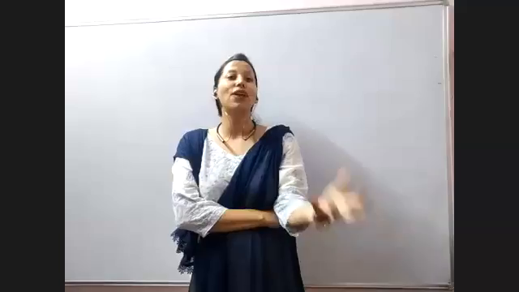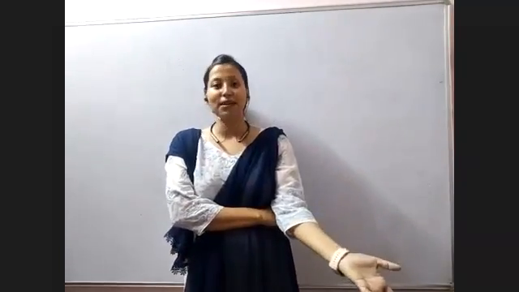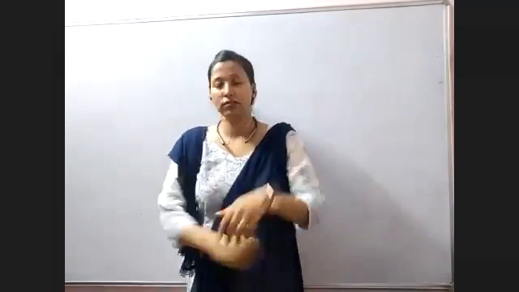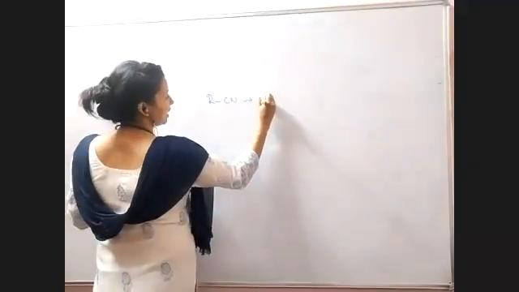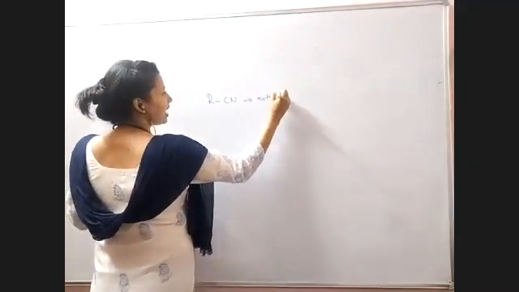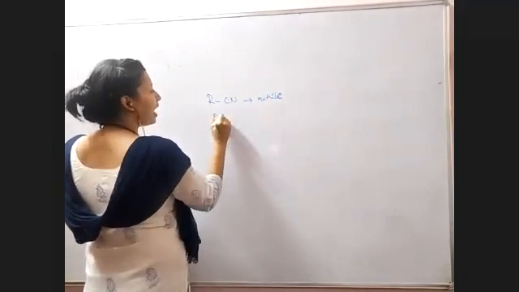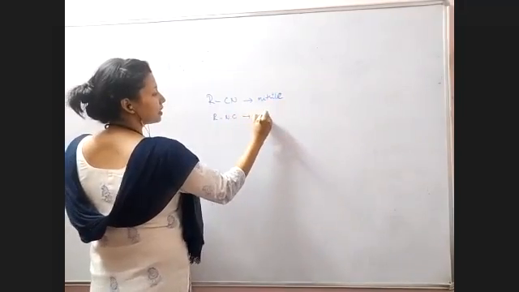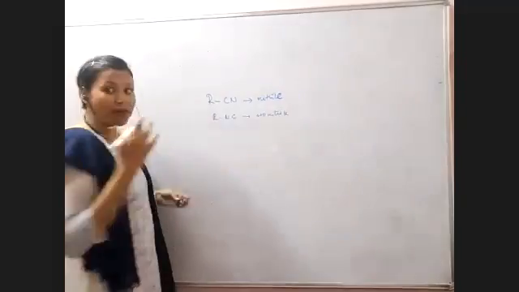Cyanide को हम लोग IUPAC में नाइट्राइल्स बोलते हैं. और आइसोनाइट्राइल क्या था? RNC. RCN is nitrile and RNC is isonitrile. It is an ambident nucleophile.